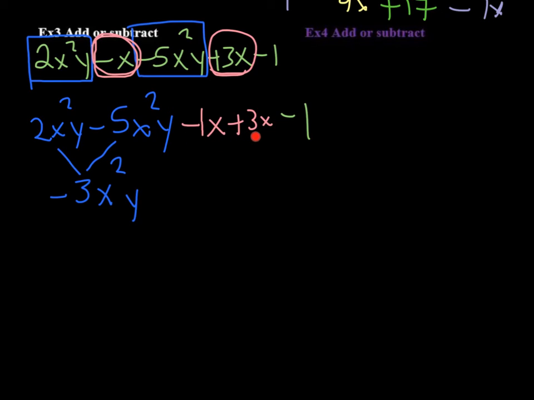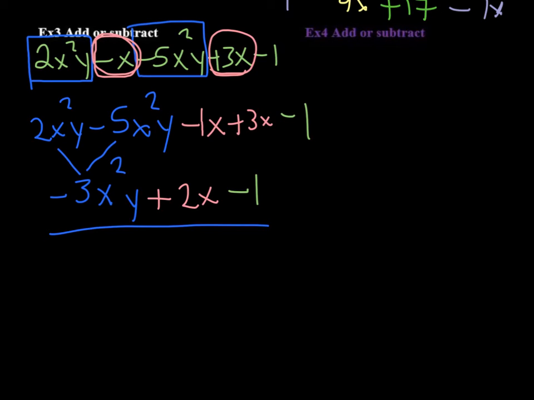So negative 1 plus 3x will give us a positive 2x. And then the lonely 1 will come at the end. So you're done. This is your answer right here. As you can see, we don't have any other like terms to combine, so you know you're done.